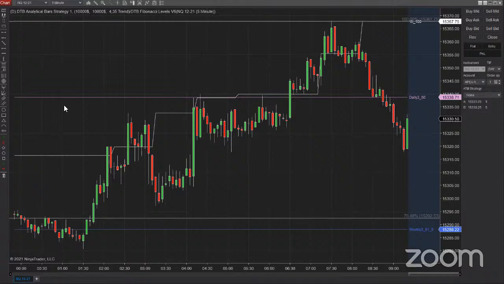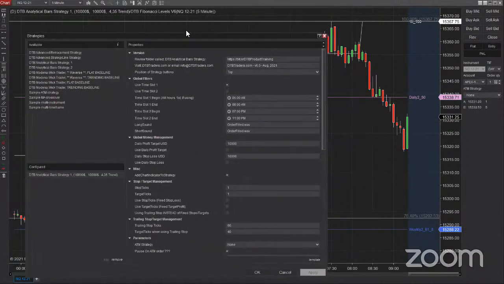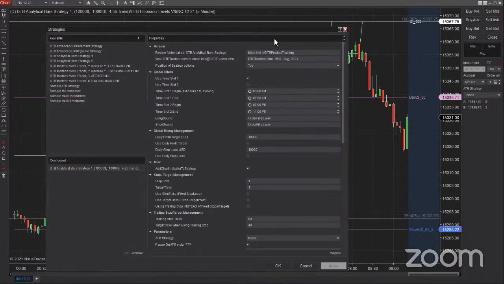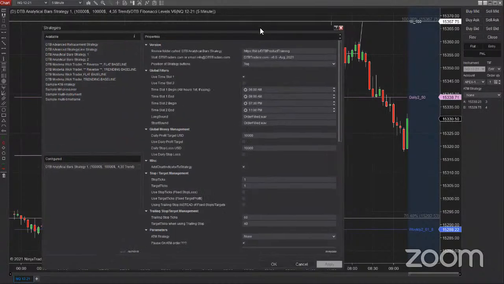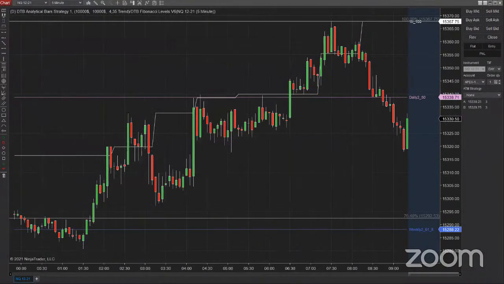Ideally, you want to separate them though, because the market's going to be different at different times of the day. So if you put 2 time slots in there, it's going to give you the best settings for those 2 time slots combined. And they might not be individually the best, but the cool thing is you've got 2 different time slots. You can basically trade those settings if you want.